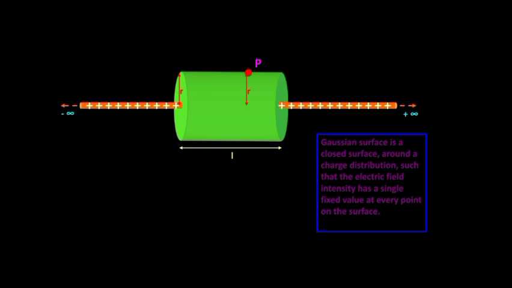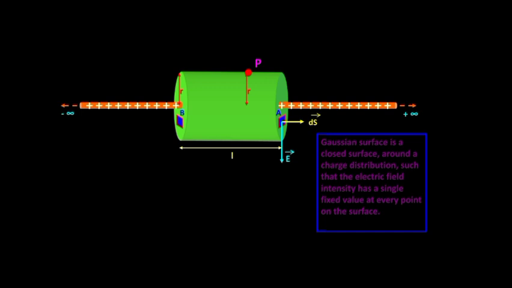Let the length of the cylinder be L. First we consider one of the side surfaces, which is named A. The direction of the area vector is always perpendicular to the plane, like this. And the direction of the electric field intensity for a positive charge is radially outward. So here will be the direction of the electric field. So the angle between area and E is 90 degrees.